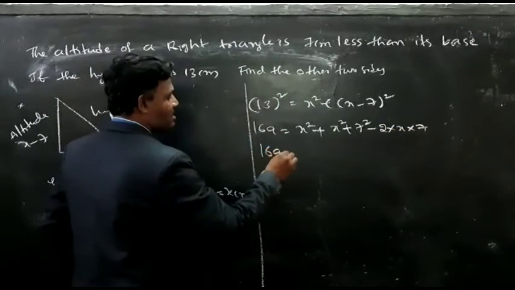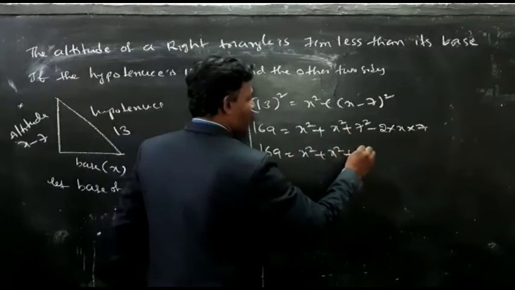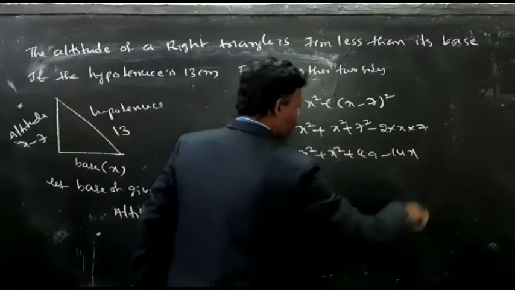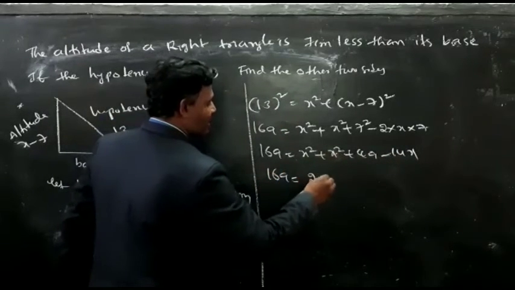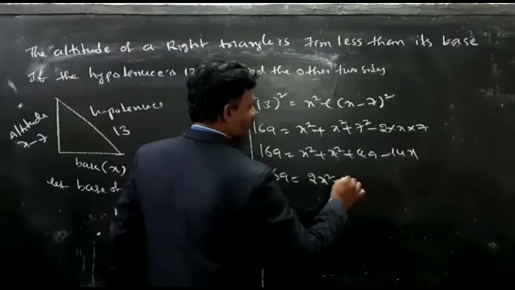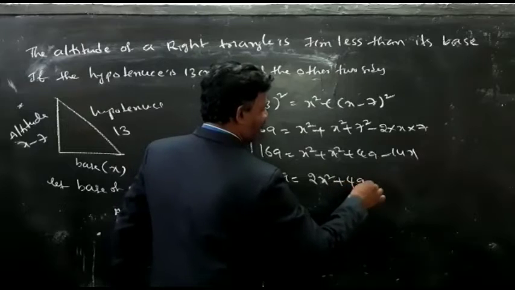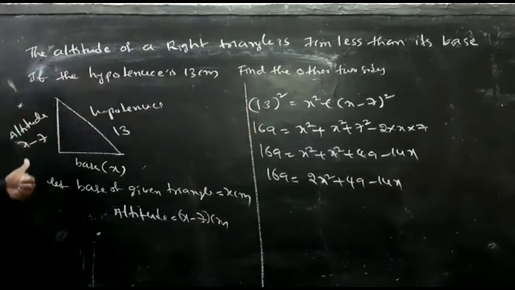So 169 is equal to x square plus 49 minus 14x. 169 is equal to 1x square plus 1x square, 2x square, plus 49 minus 14x. Now plus 49, if you transpose to the left side, what happens?